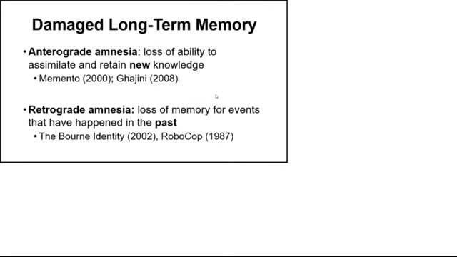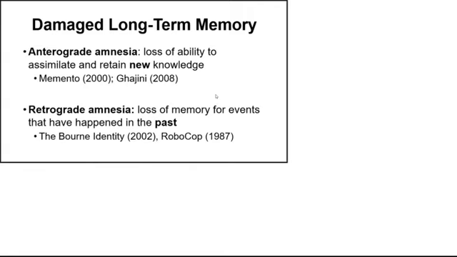And then a couple of terms that will be helpful when we start talking about these case studies are going to be anterograde amnesia and retrograde amnesia. So these are basically issues with our long-term memory. So anterograde amnesia is loss of the ability to assimilate and retain new knowledge.